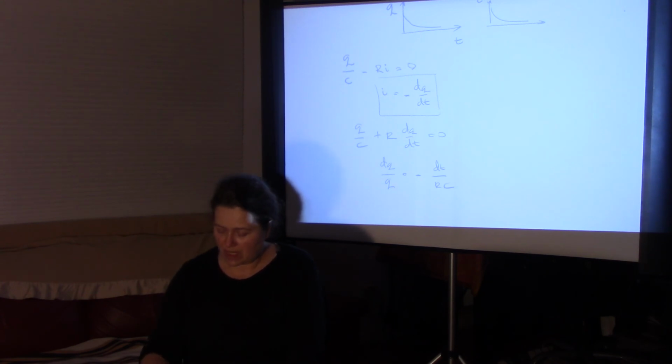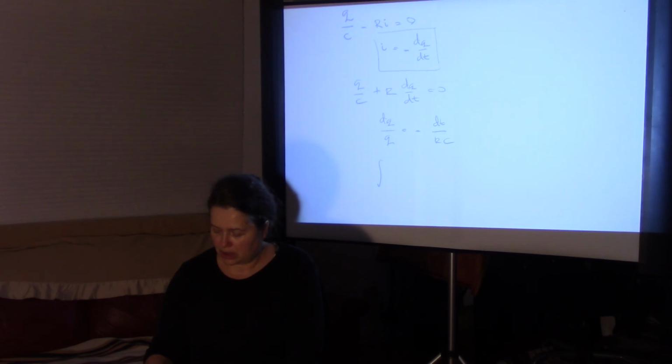We want to integrate this, from the initial charge Q initial, and it goes to 0 eventually, of dq over Q, and on the other side we have a negative, and the time goes from 0 to t of dt over RC.